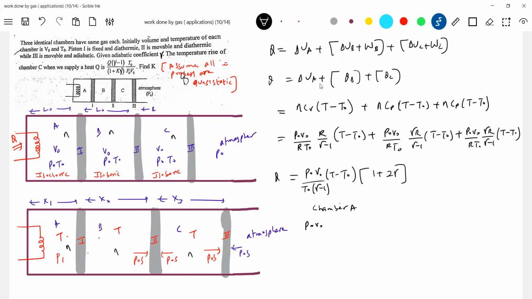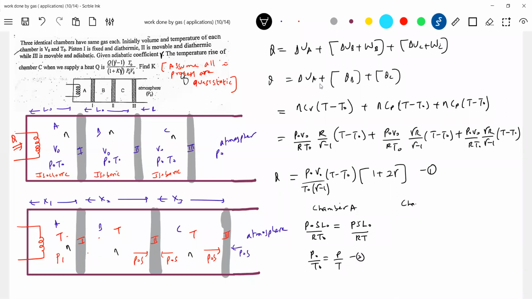P naught V naught equals RT naught. V naught is what? S into L naught, volume. Final pressure P, S into the same L naught, RT. Because it's an isochoric process, so P naught by T naught equals P by T. Keep this. This is equation 1, this is equation 2.